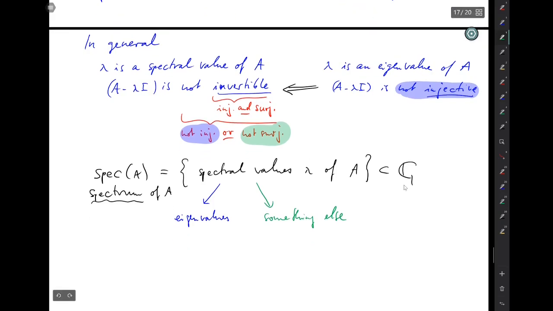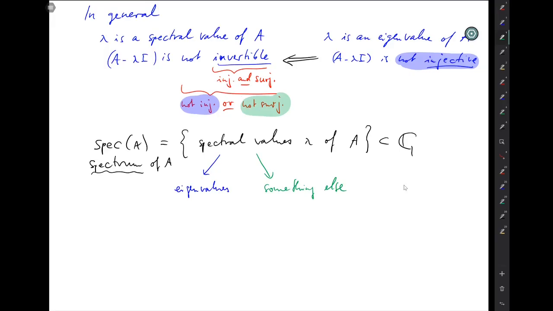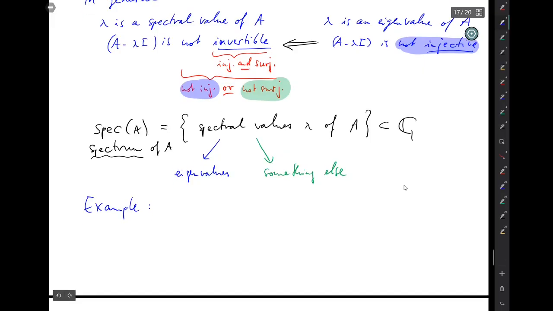So to convince you that in general this can happen, I should give you an example. So we need an example for an operator B from X to X, which is, let's see, injective but not surjective.